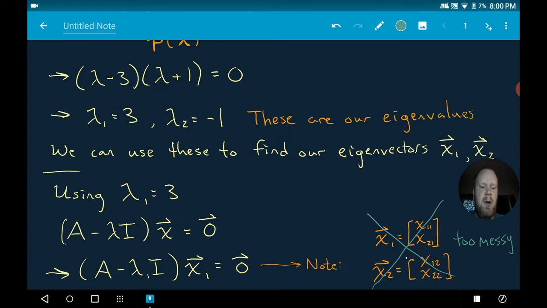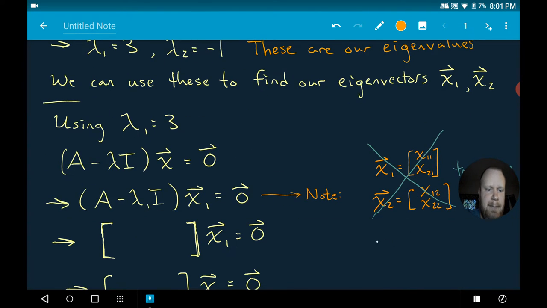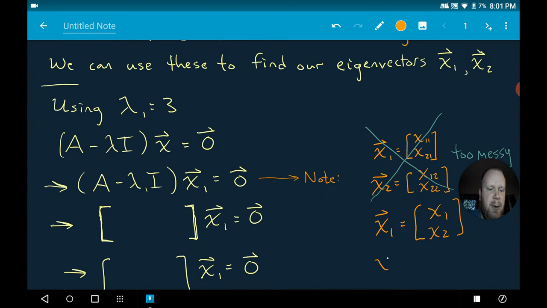So what we're going to do instead is we're going to call x1 vector, we're going to call that x1 and x2 for those two entries, and then x2 vector we're also going to call x1 and x2. They're exactly the same, right?